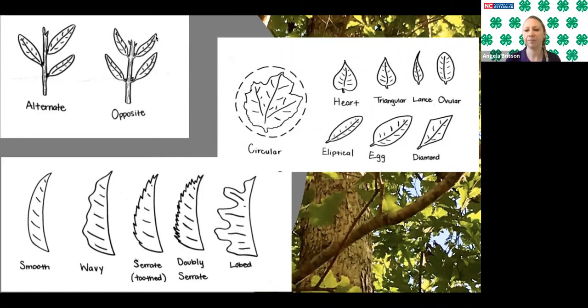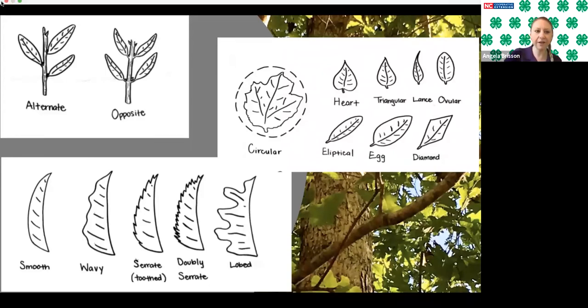You can have a heart-shaped leaf, which is really neat, and often the stem of a heart-shaped leaf is going to be right there at the bottom, so it looks like a heart that's turned upside down. And then all the different other types of leaf shapes that you can see here, where they're like an oval or like a triangle. Sometimes you find them in diamonds, many different shapes of leaves, but these are the general categories that we're going to look at.